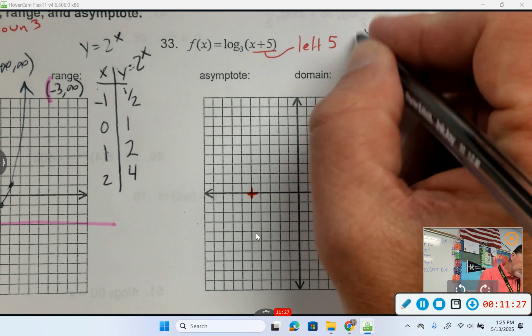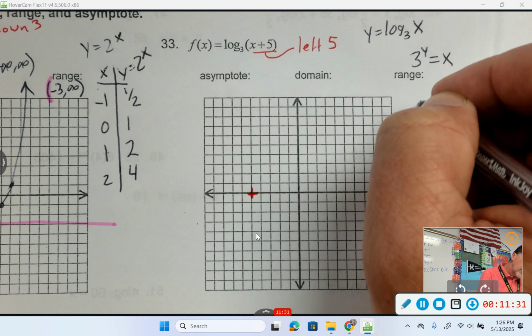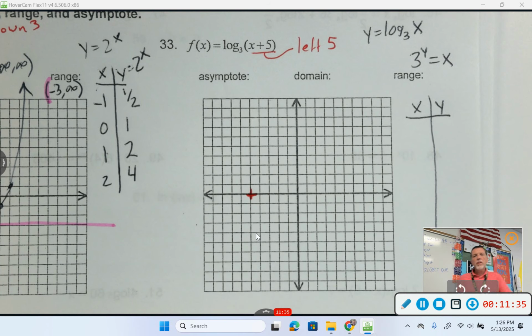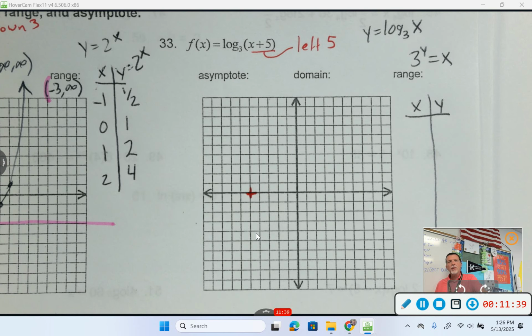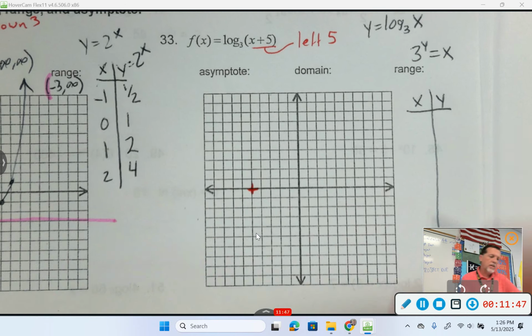Let's see, so 3 to the y equals x. So another table of values. But what's weird, backwards, different about this table? Yeah, we're plugging things in for y. Feels weird, but I feel like a small price to pay to avoid the log stuff.